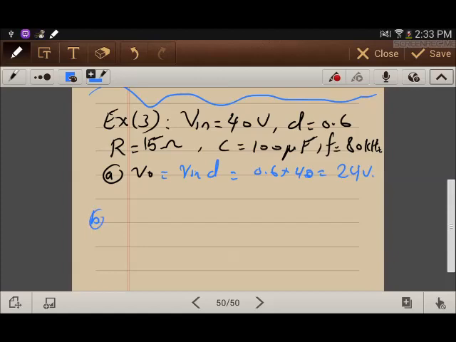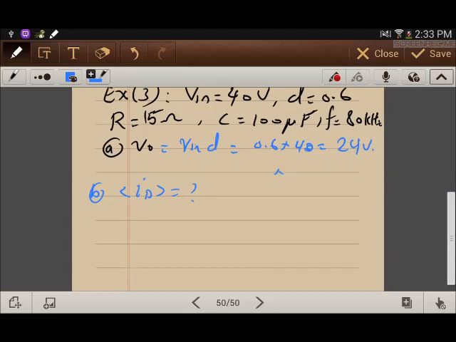B, what is the average diode current? If we look at the waveform of the diode current, when the switch is on, it's 0.